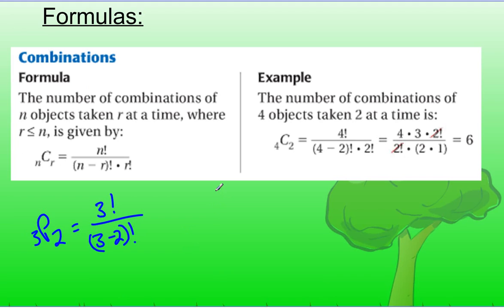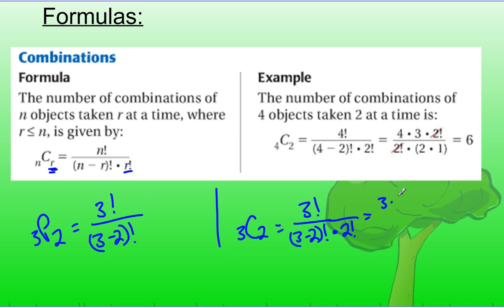What's different about the combination, if I do that same thing, 3 choose 2, is that it's still 3 factorial over 3 minus 2 factorial, with the addition of an additional times 2 factorial, timesing by this second number again. So this would be 3 times 2 times 1 over 1 factorial, which is just equal to 1, times 2 times 1, and this cancels, and this cancels, and that whole thing would be equal to 3.